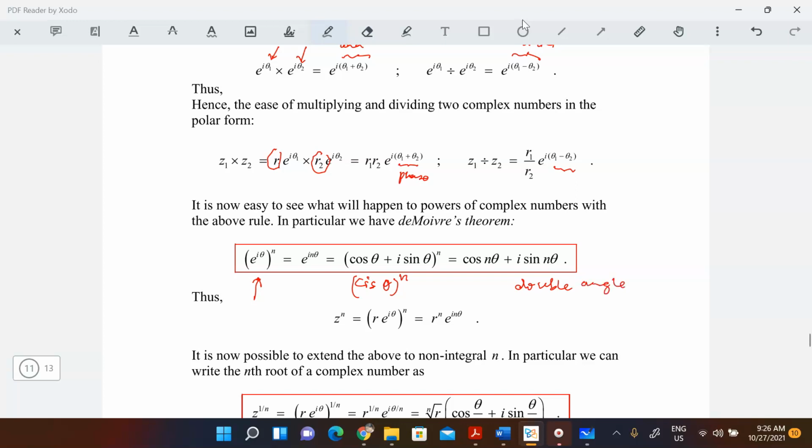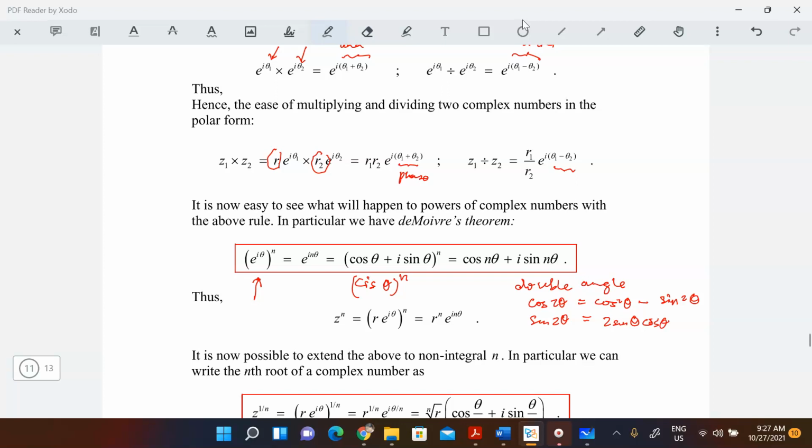You remember, what is it? Cos 2 theta, for example, is what? Cos squared theta minus sine squared theta. And then sine 2 theta will be what? 2 sine theta cos theta.